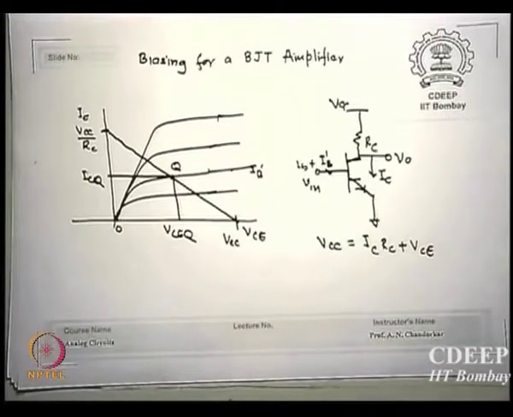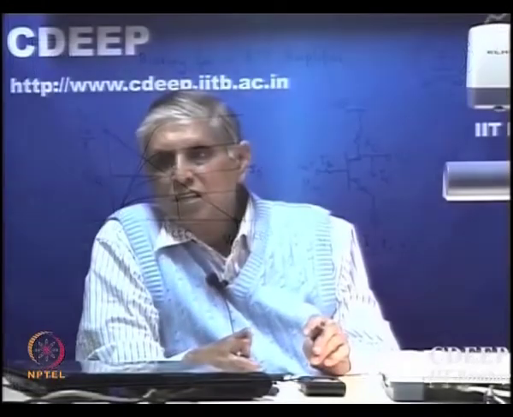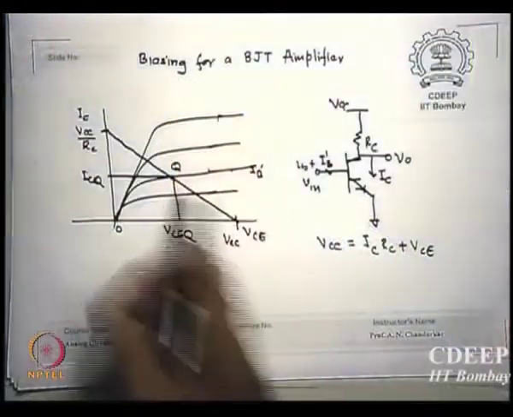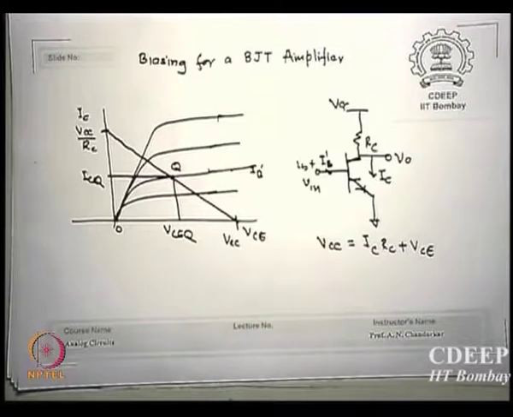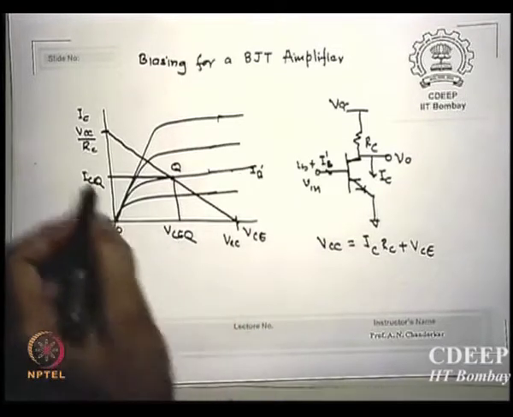These are the DC currents and voltages at which the device is going to operate for a given load of RC. Is that clear? This is called the operating point or the quiescent point. This is what we want to bias. I want to fix, for a given RC and given IB dash, these values.